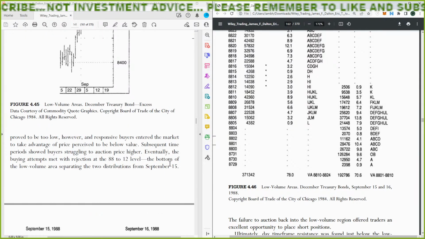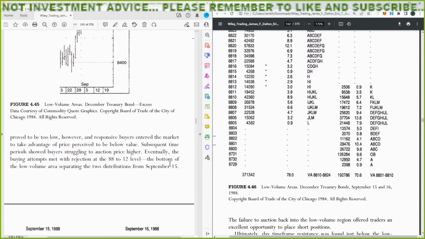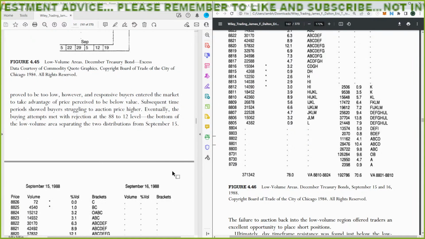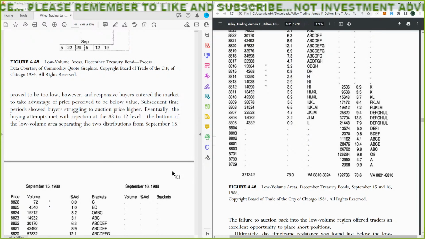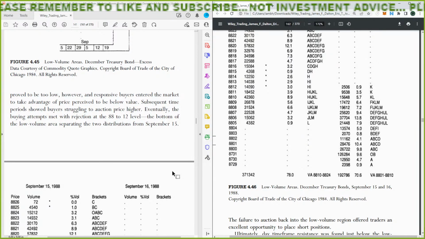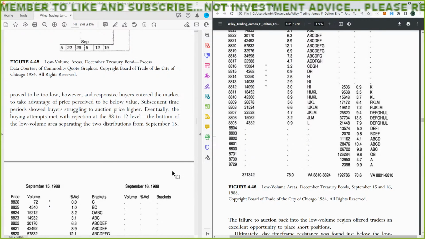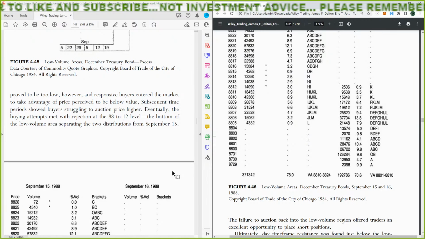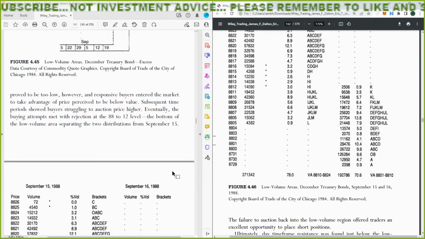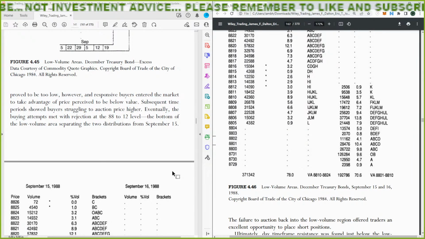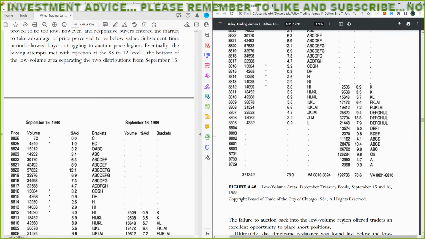As figure 4.46 illustrates, on September 16th, bonds gapped open below the 15th lows, indicating a potential seller continuation. The lower opening proved to be too low, however, and responsive buyers entered the market to take advantage of price perceived to be below value. Subsequent time periods showed buyers struggling to auction price higher. Eventually, the buying attempts met with rejection at the 88-12 level, the bottom of the low volume area separating the two distributions from the 15th.